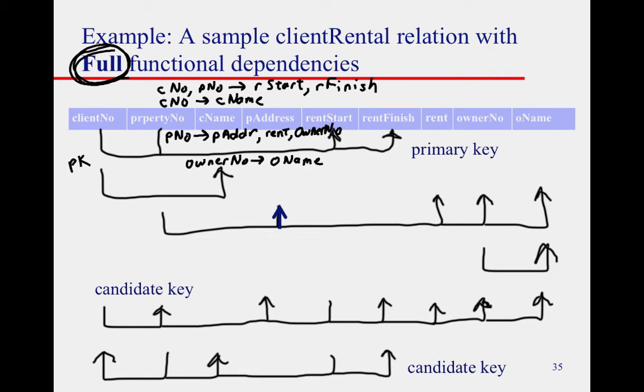If you look at it, it's also the case that client number and rent start, if we make the assumption that a client can't be in two houses at once, which is kind of reasonable, then we can say that the client number and the starting rent determines the property number and rent finish.